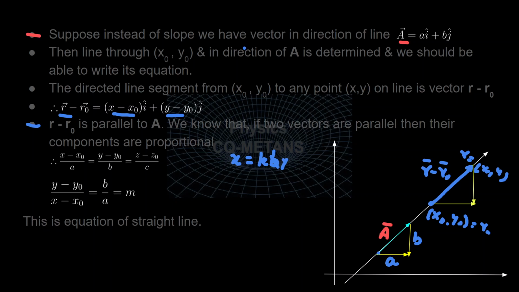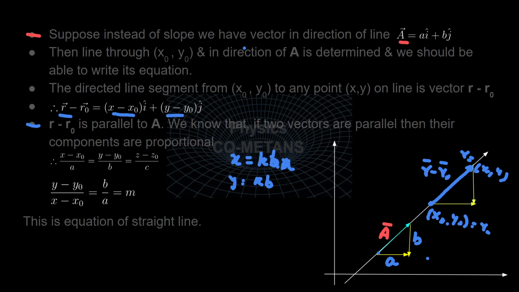Then we get this equation: x minus x naught divided by a is equal to y minus y naught divided by b. Actually this was a, then y is equal to k times b, and then we wrote that x by a is equal to k, y by b is equal to k. So all three are equal to some scalar multiple, so their components are proportional.